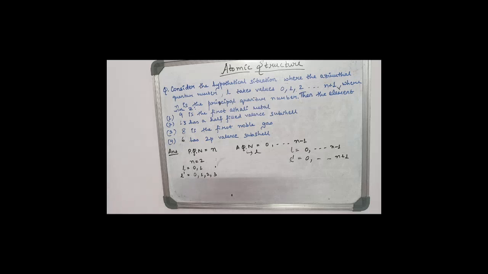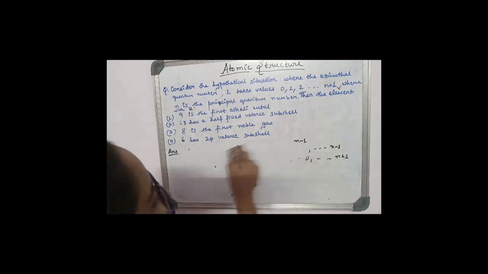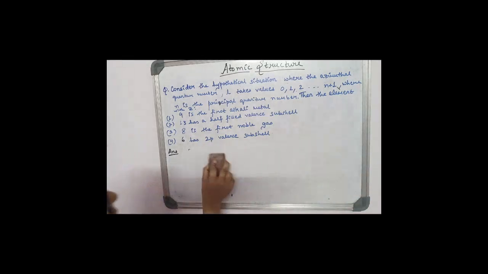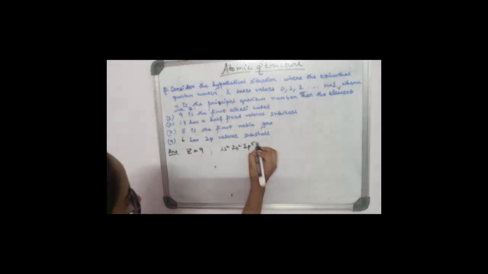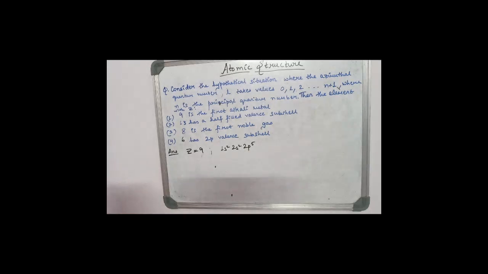So how to solve this question? First, let us go to the board. In case of atomic number 9, what is the electronic configuration? 1s2, 2s2, 2p5. This is the electronic configuration.